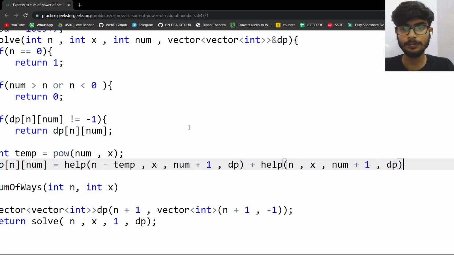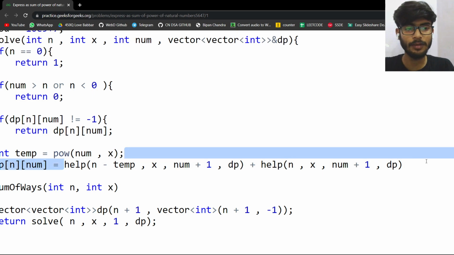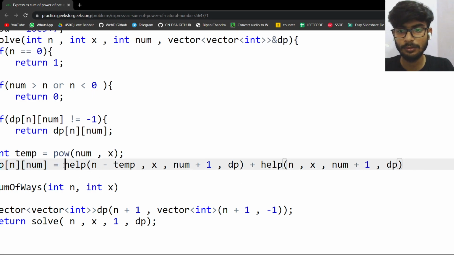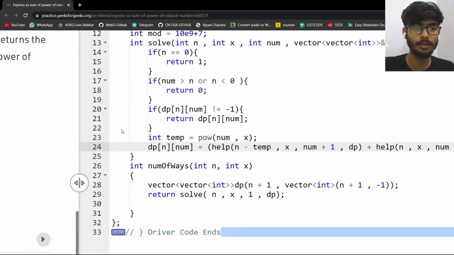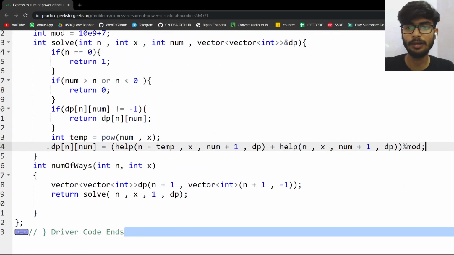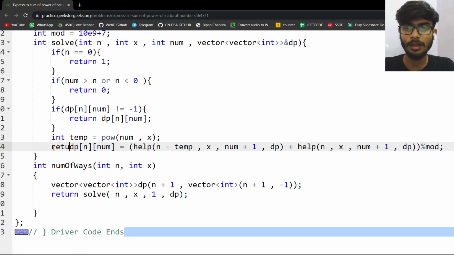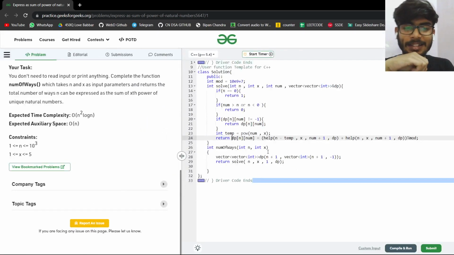Now I have to take care of the mod thing, so it will be like this, mod. So this is what I have calculated, dp of n num, and I am going to return it from here.